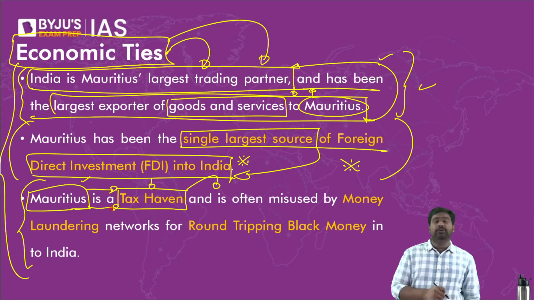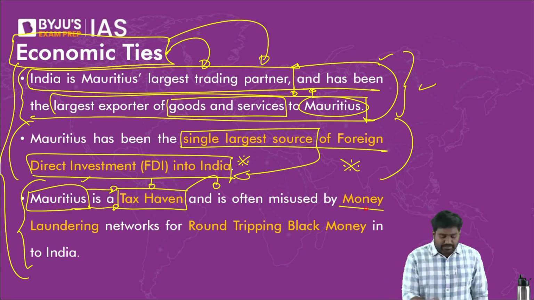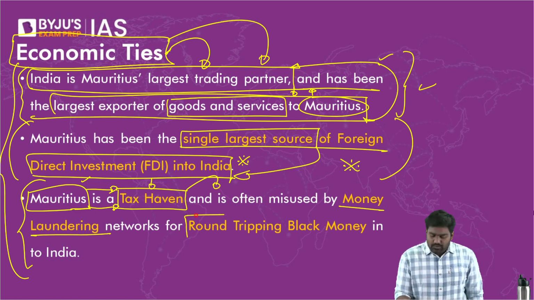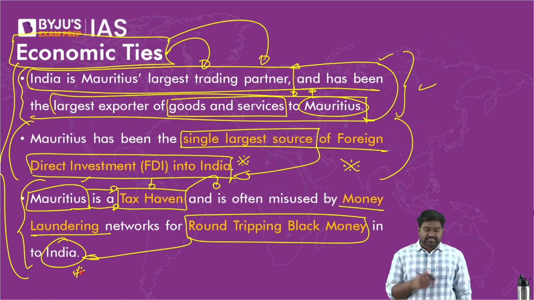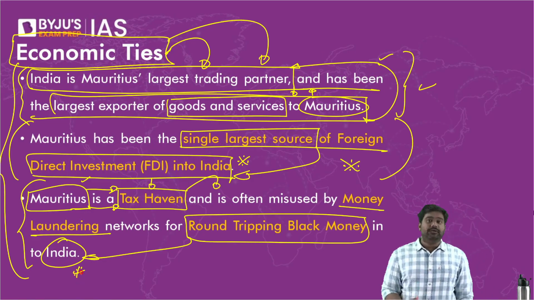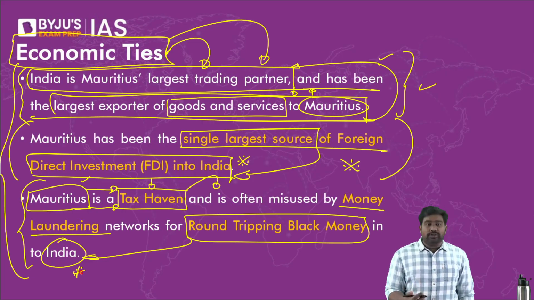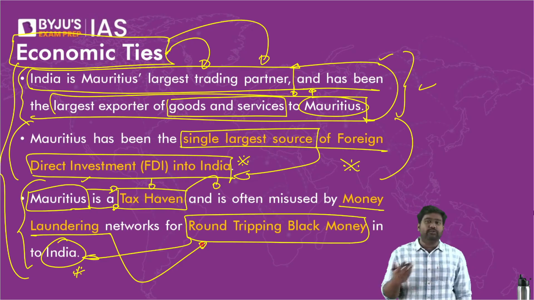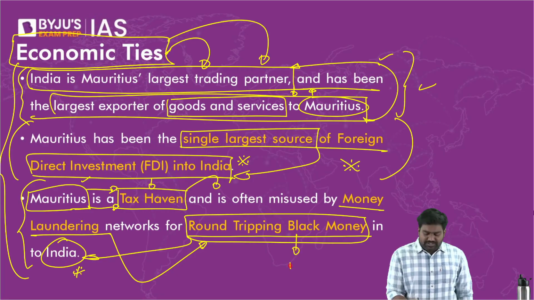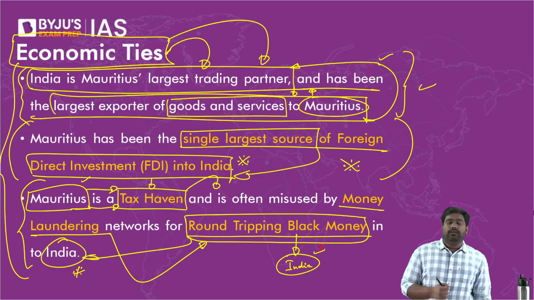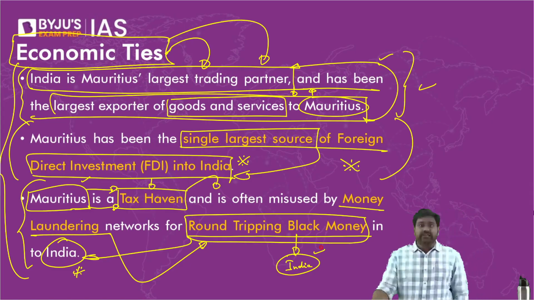and as a result, it is misused by money laundering channels for round tripping black money from India to Mauritius and back to India. All right, this is an economic threat and a security threat, because money launderers, who basically turn black money into white, illegal wealth into legal wealth, take the black money out of India, which is generated through corruption, tax evasion, right, and other illegal sources, including organized crime.